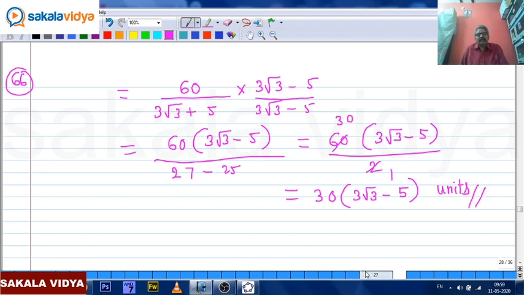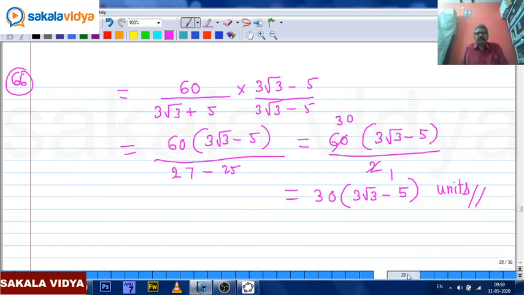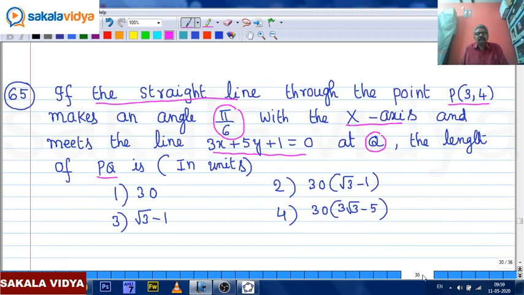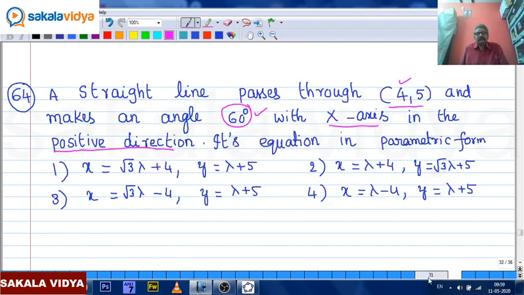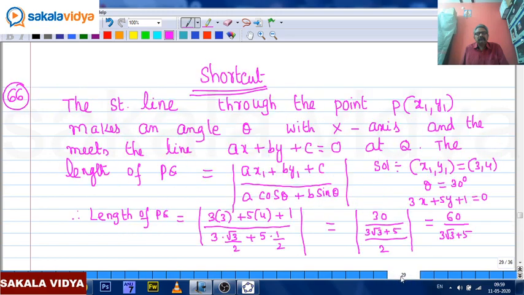This is the answer. So you check it. Fourth option. 60 by 3 root 3 plus 5, you need to rationalize it, you will get the answer.